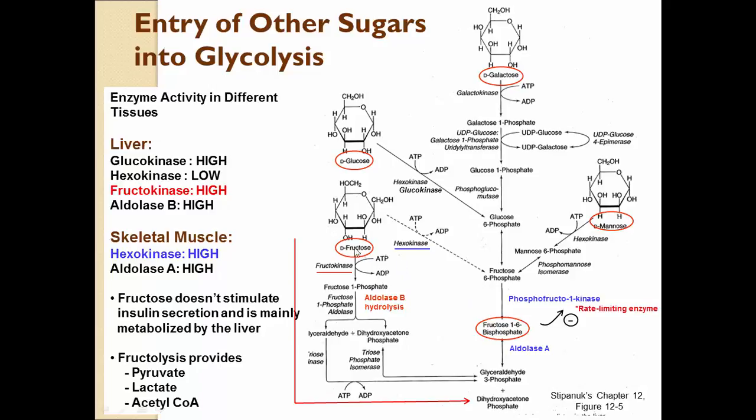These two key reactions are rate-limiting, right? So if these enzymes' activity is inhibited, then glucose cannot be metabolized through the glycolysis pathway. But fructose bypasses these two key enzymes, so it will not be controlled by any inhibitors that inhibit glycolysis. Does that make sense?